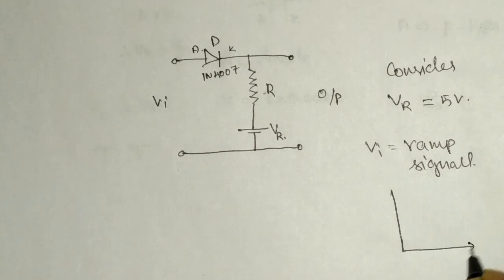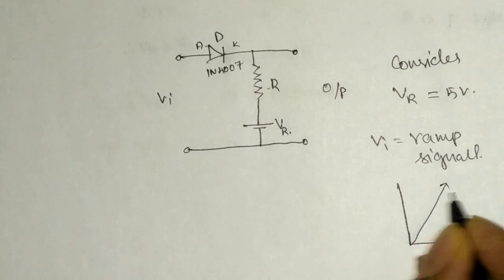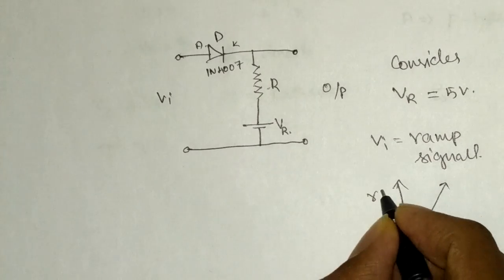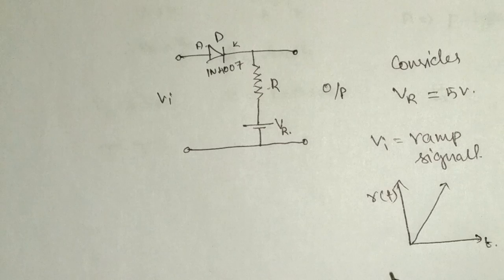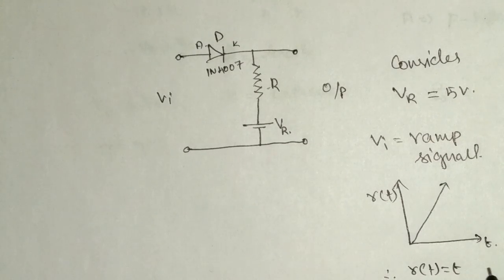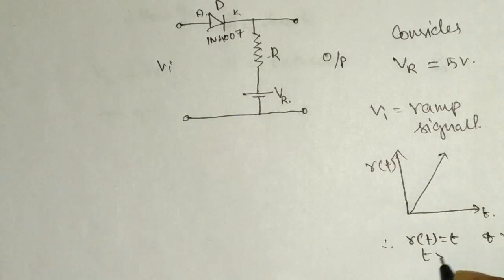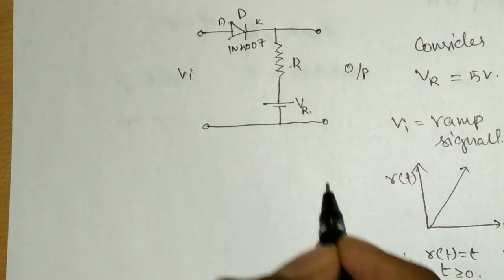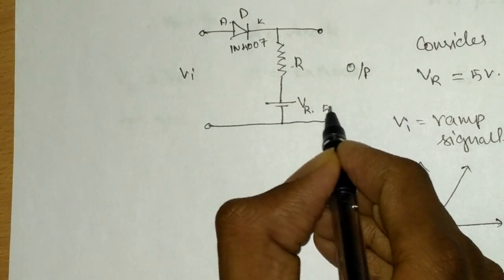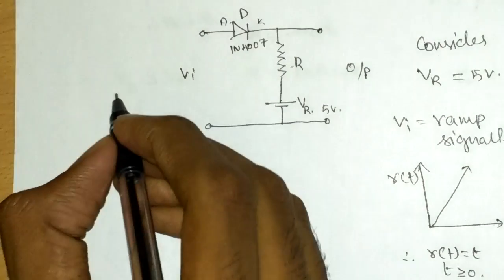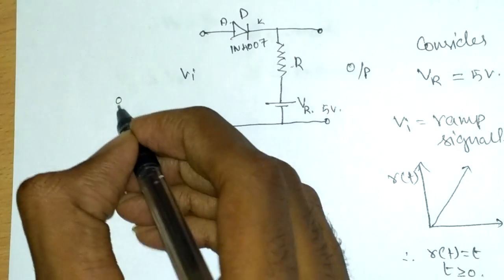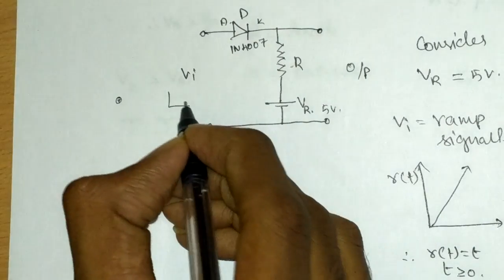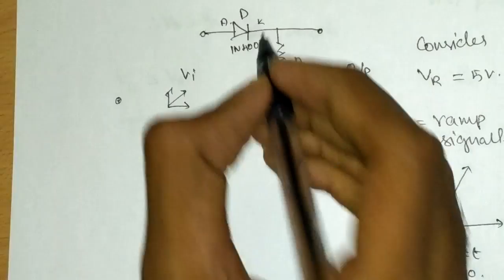The ramp signal's function is r(t), where r(t) equals t when t is greater than or equal to 0. So consider that VR is 5 volt and Vi is a ramp signal starting from 0.